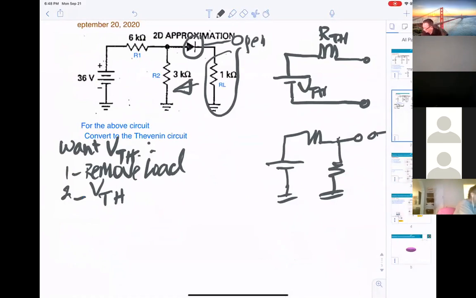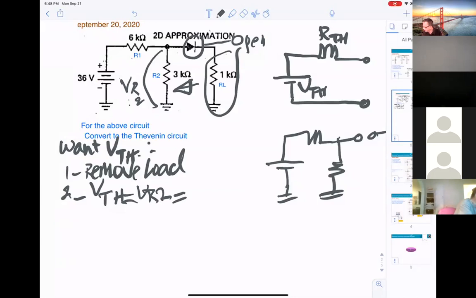That will be telling you V Thevenin equals the voltage here, VR2. Now you can use voltage divider, because no current flows into the diode path.